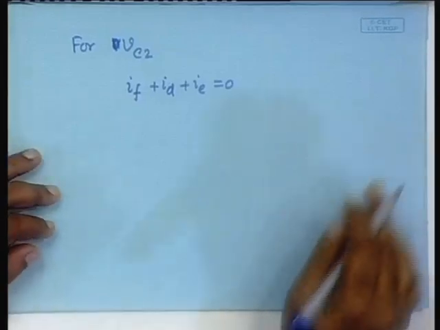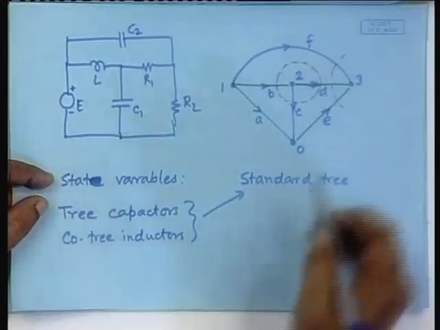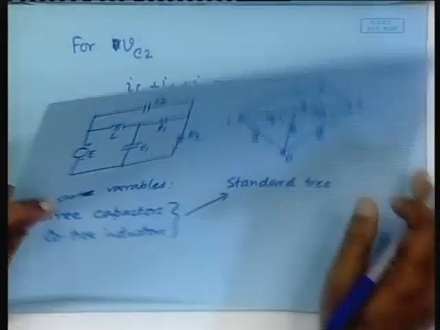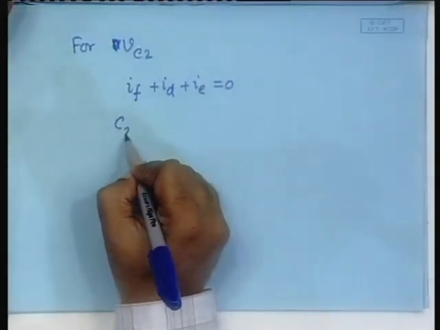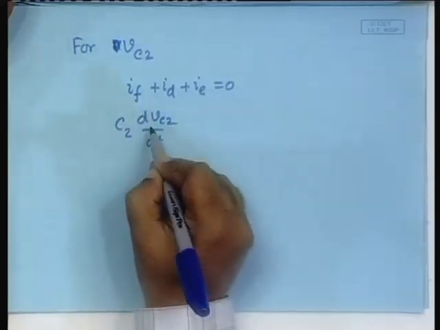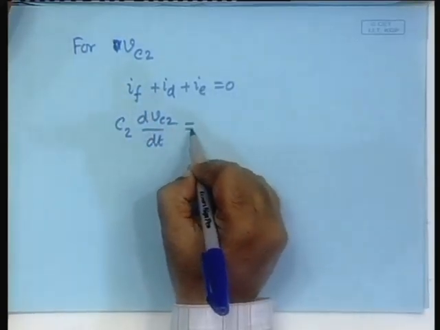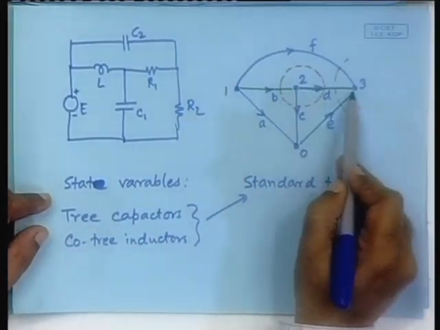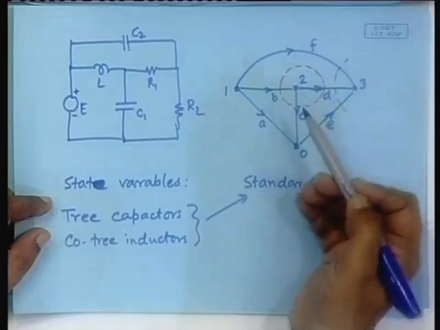Out of this, which one do I need to know? This is C dV dt. Okay. So, C2 dVC2 dt is equal to minus ID minus IE. ID is the same thing, we have already done it.